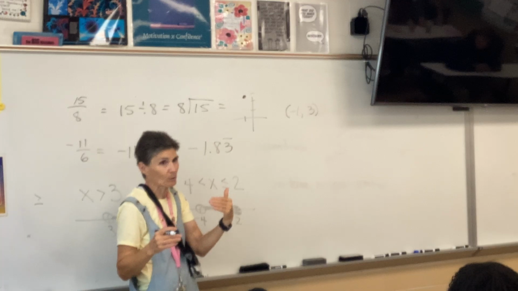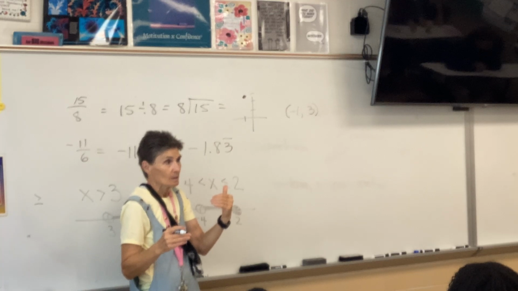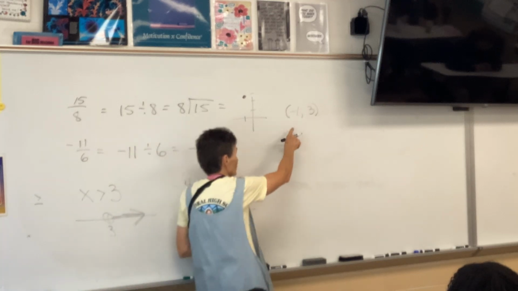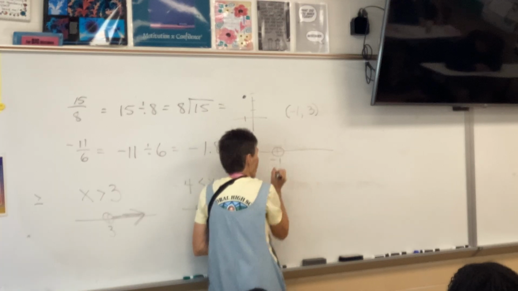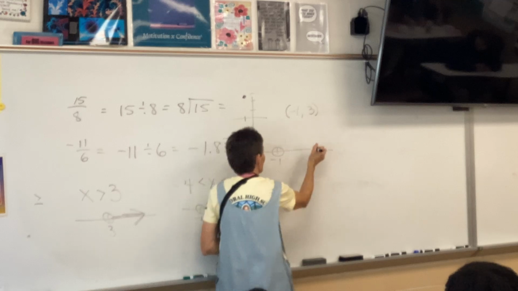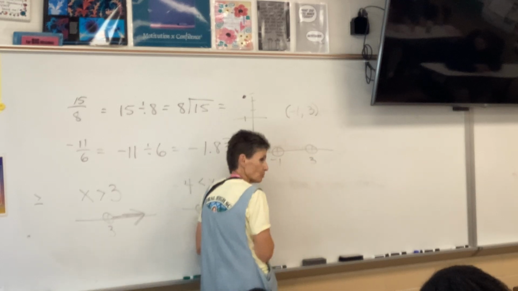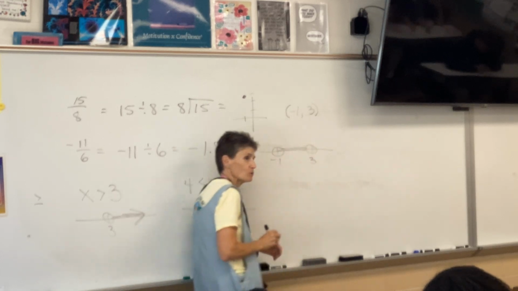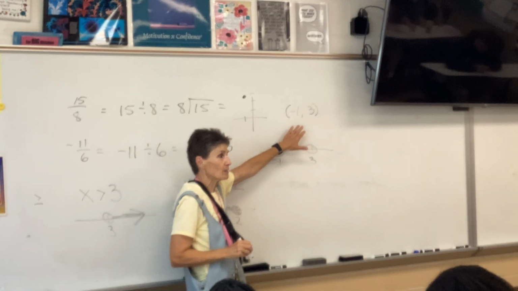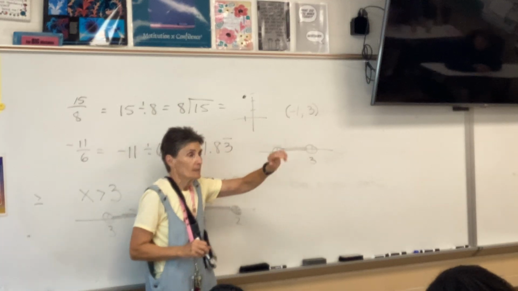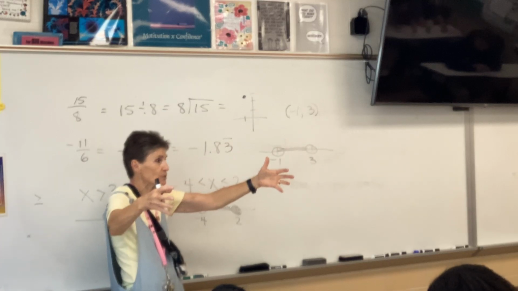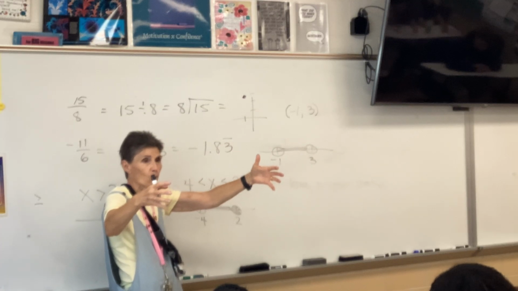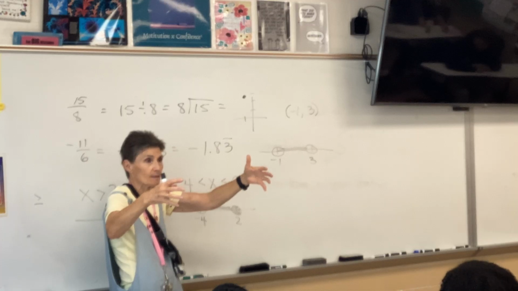We're talking about a number line now. This actually means an open dot at -1, an open dot at 3, and everything in between. This is what we call an open interval. -1 to 3, all the numbers in between -1 and 3.